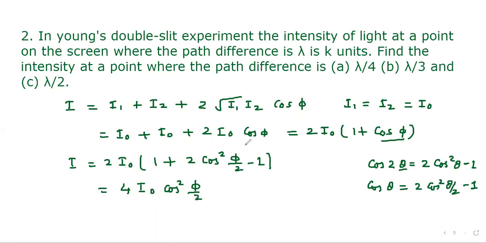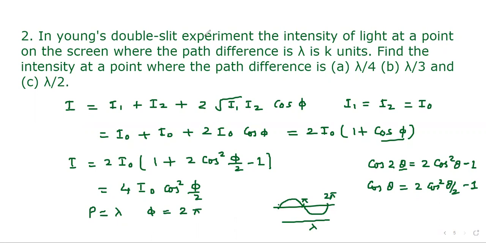Now, in our question, it is given that when the path difference is lambda, then intensity is k units. So path difference equal to lambda, then phi corresponding to lambda will be 2 pi, because this is lambda and this is 0, this is pi, this is 2 pi.